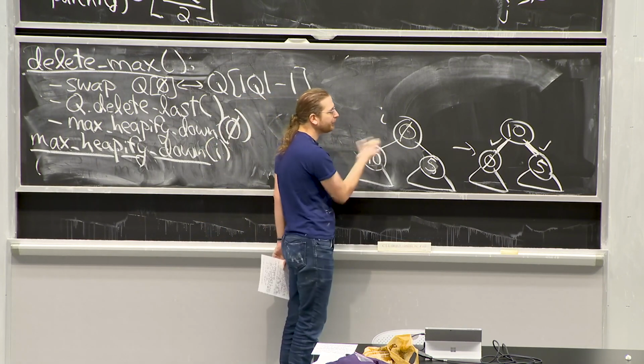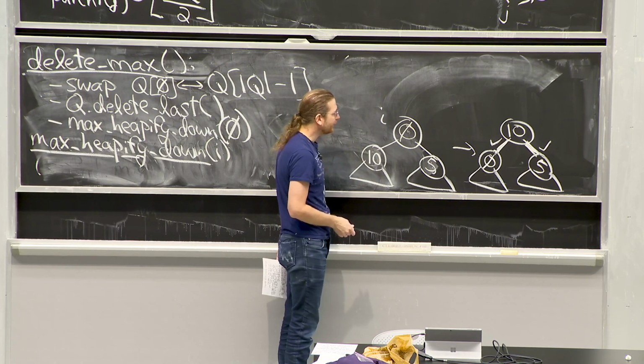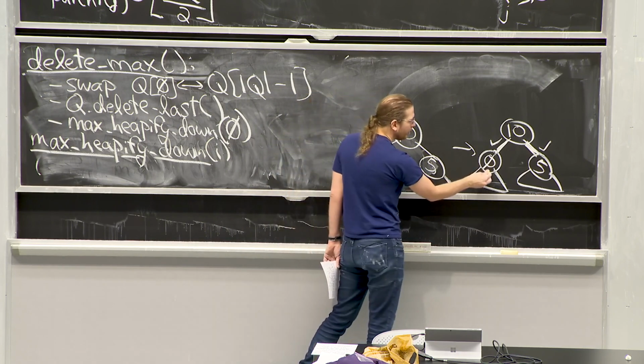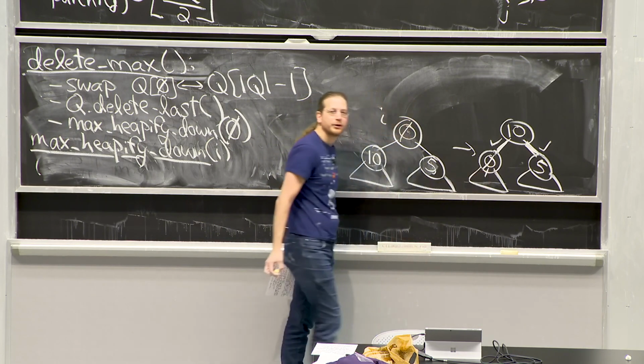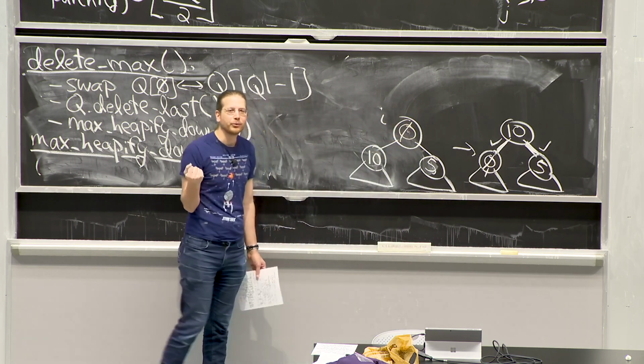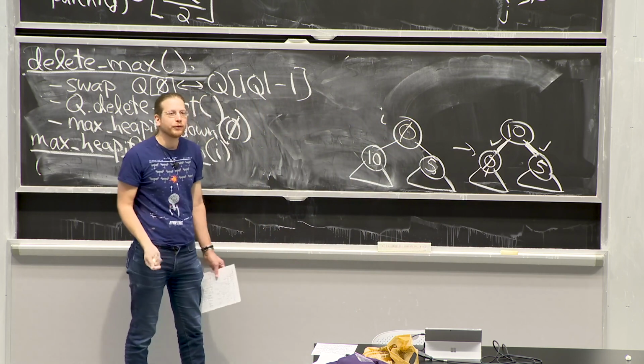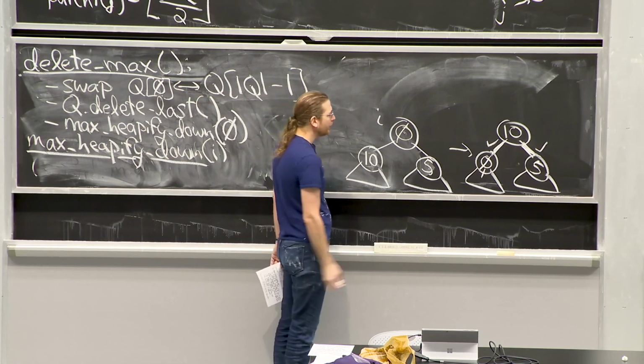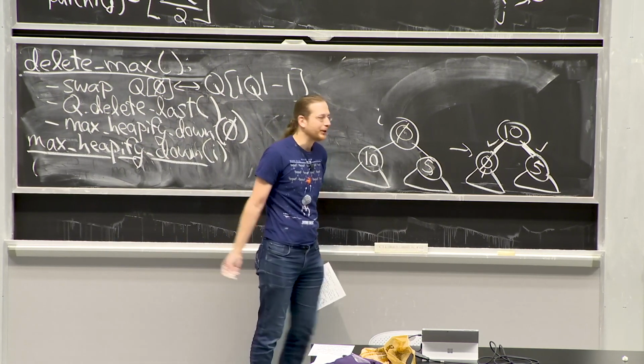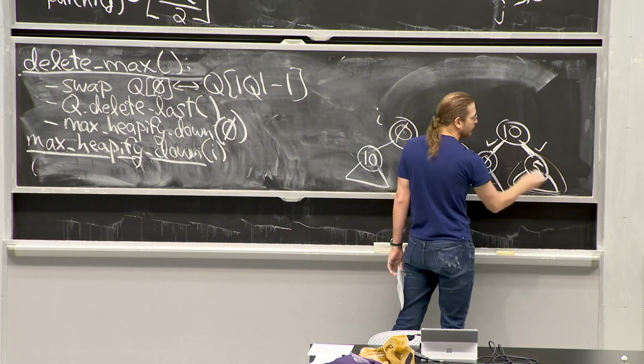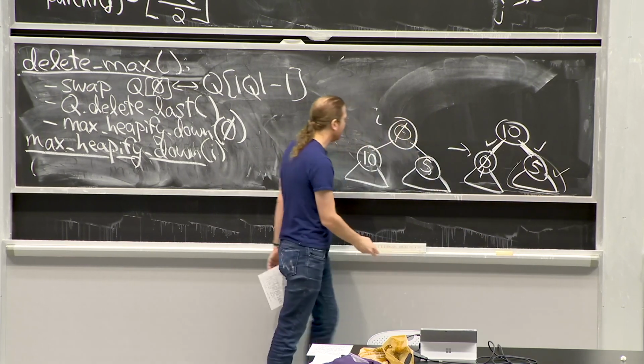So I can do one swap and fix the max heap property, except that, again, 0 may be unhappy with its children. 0 was this one item that was in the wrong spot, and so it may have to go farther down. But 5 didn't even move, so it's happy. Everything in this subtree is good. What about the parent?